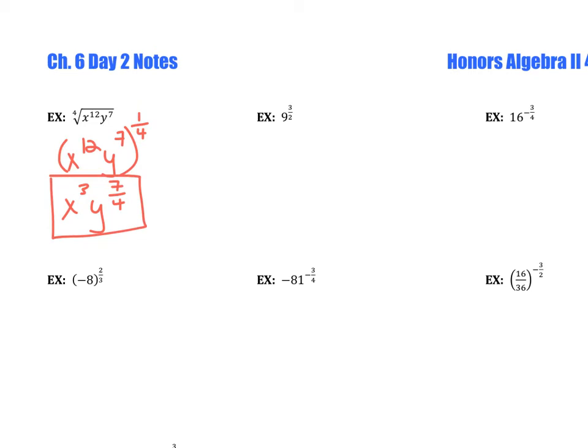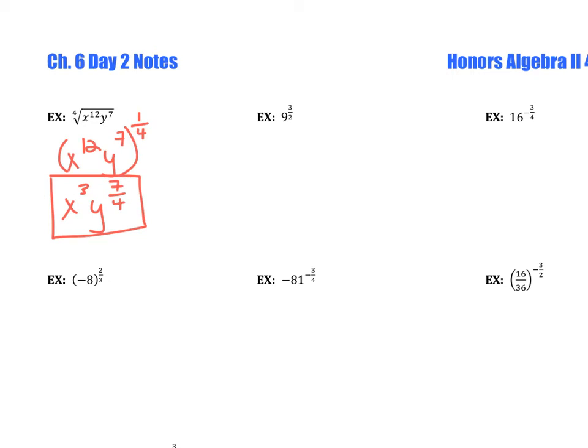Now, as we take a look at the next example and all the ones thereafter, we want you to evaluate these without a calculator. If you notice, all of the following examples have number bases, so we have the ability to evaluate them. We just want to make sure you're doing them without a calculator. So we need to rewrite these and evaluate them. The best way to rewrite these is the following. We want to take that exponent of 3/2 and use it in a way where we are making the number smaller before we're making it bigger.